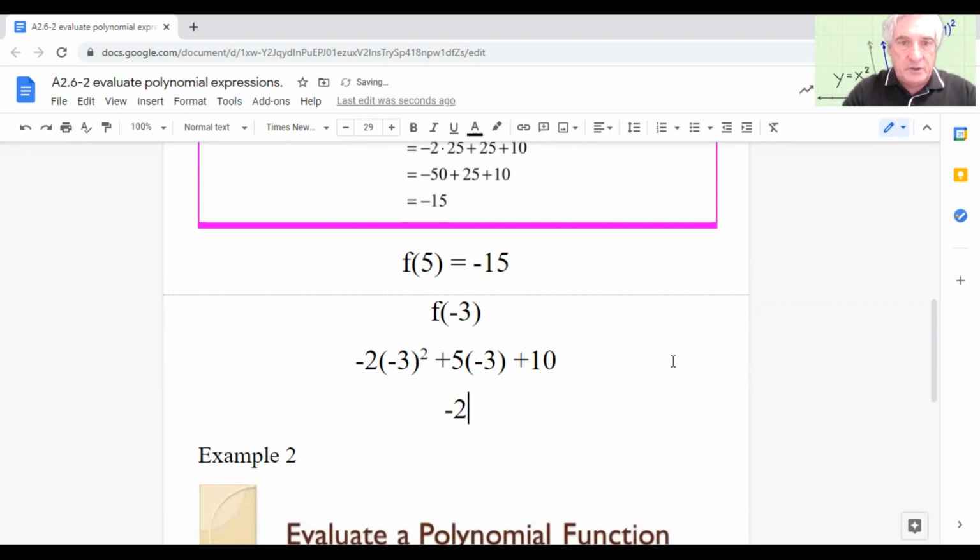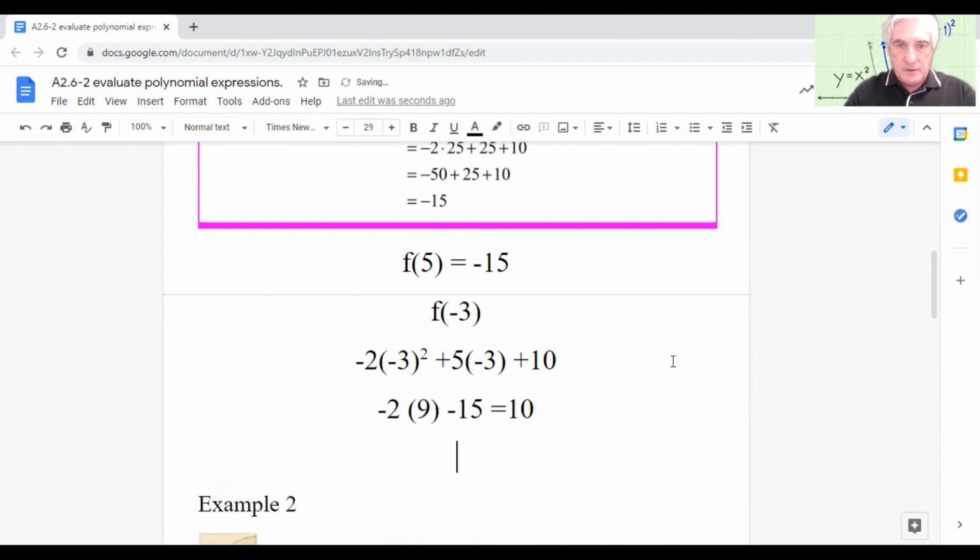This is minus 2 times 9, right? Minus 3 squared comes out plus 9, plus a minus 15, right? Plus 10. Now, this gets us minus 18, minus 15, and that should be a plus sign up there.